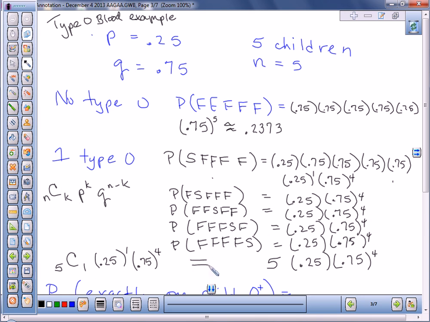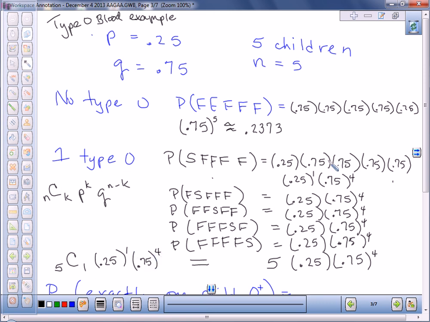It is. So instead of having to do all this work, when we want to know the probability of exactly 1, we can use the binomial probability formula, which is the combinations of n choose k, p to the k, q to the n minus k, which is a lot nicer.